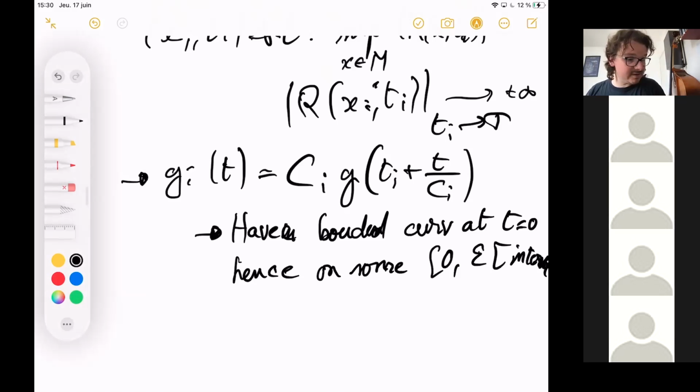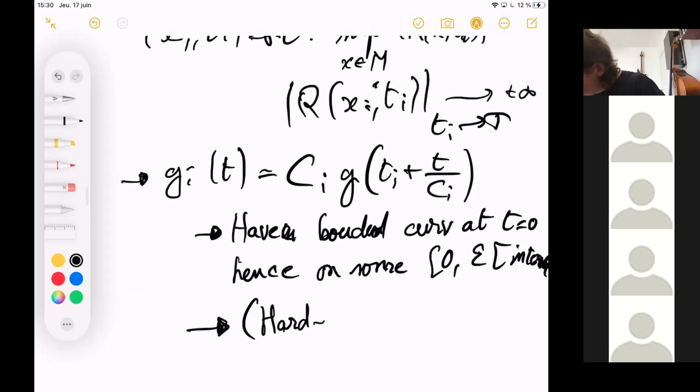Okay, so what else does it have? You can show, and this is quite hard, even though there are probably shortcuts in that situation. So maybe the quickest modern way, or the most efficient modern way, because it's used everywhere, is to use Perelman's no local collapsing.